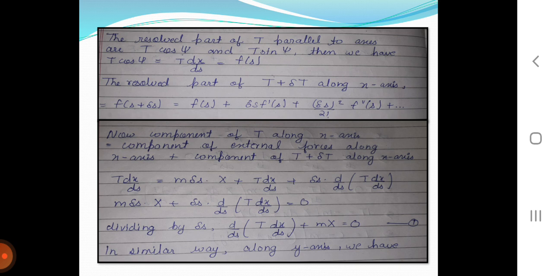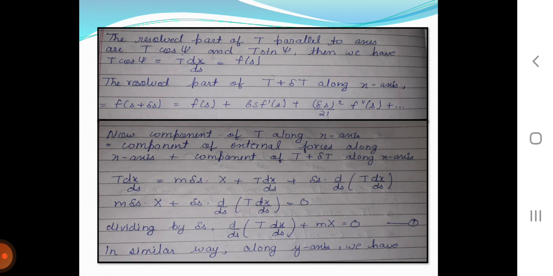s plus so on. Now the component of T along the x-axis will be the component of external forces along the x-axis and the component of T plus del T along the x-axis. So we will find T dx upon ds equals m del s into x plus T dx upon ds plus del s dot d by ds in the bracket T dx by ds.